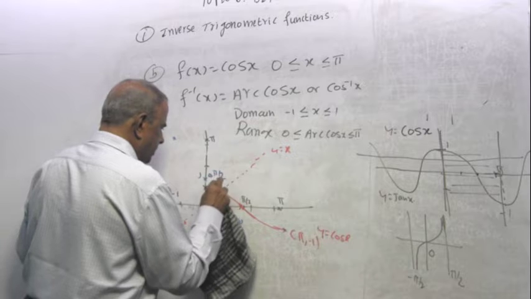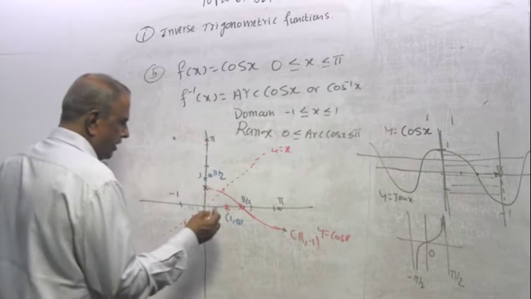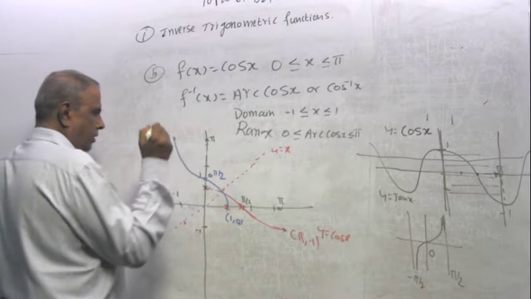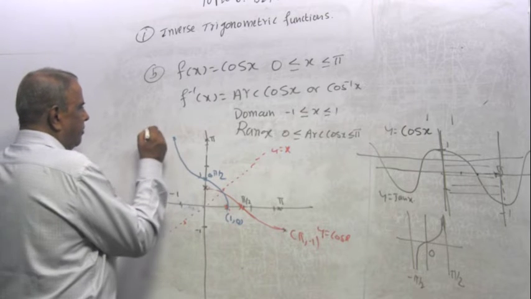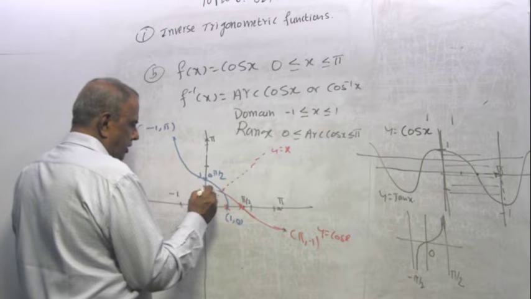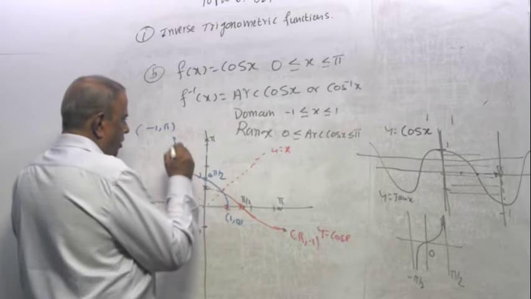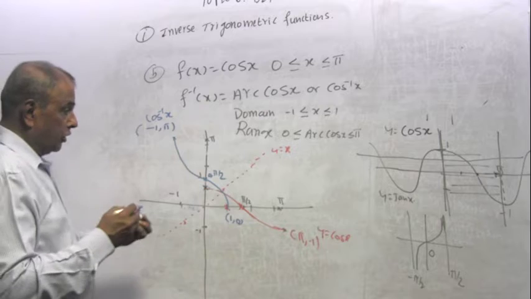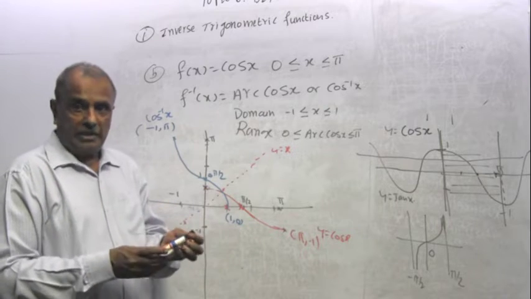Let me remove that. Okay. So this graph goes like this. That will be minus 1 and pi, 1 and 0. This is cos inverse x. You should know the graph of cos x. You should know the graph of cos inverse x.